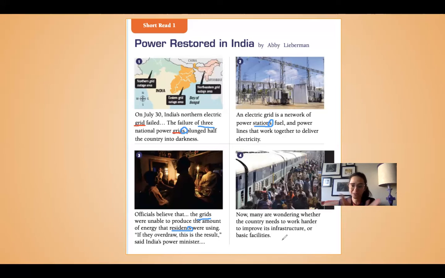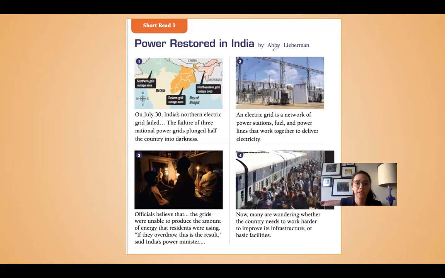Okay, that's it. Good. You found all of the nouns that are plural and you were able to identify them because they all end in an S and it's a noun. That's important to notice. It has to be a noun and then you add an S.